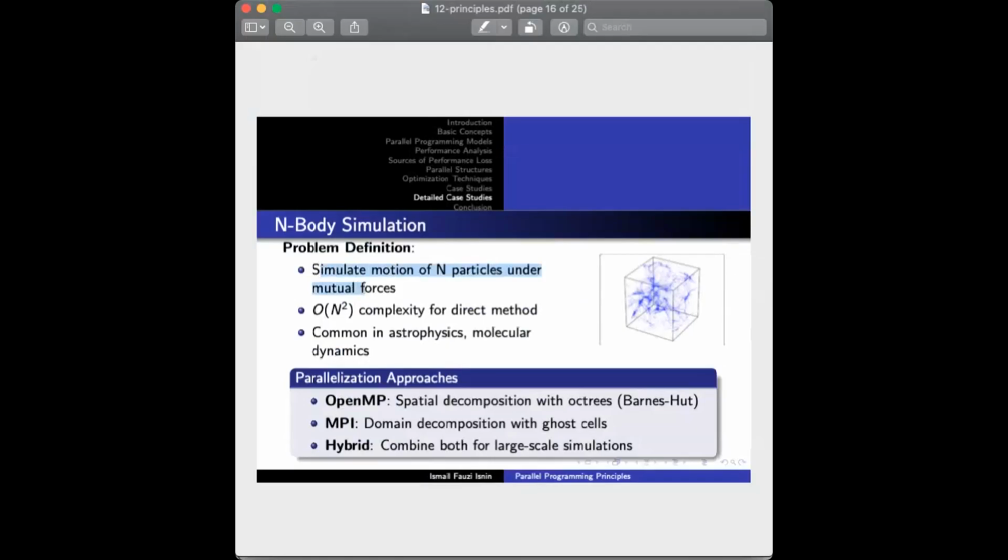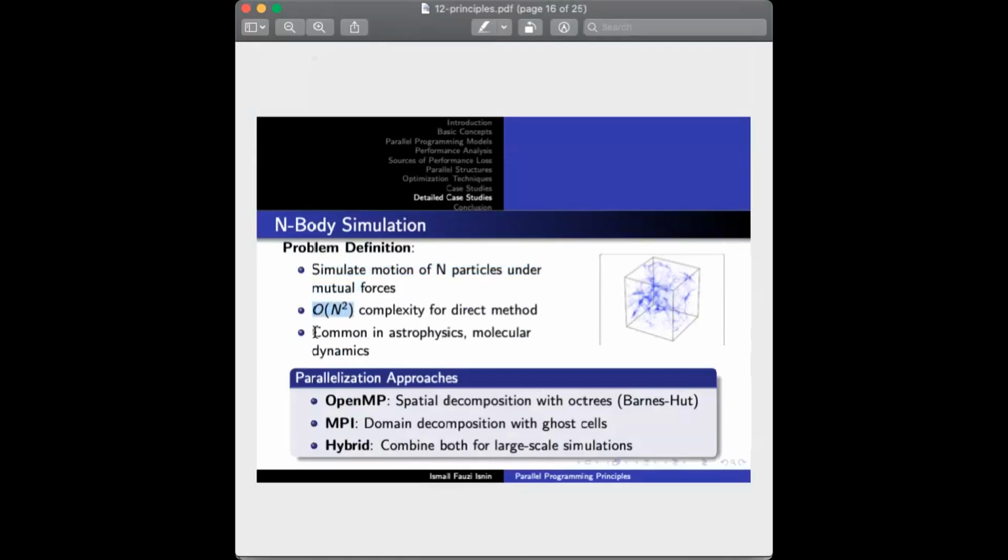If we implement this using a direct or naive method where every single particle calculates its physical force against every other particle, the algorithm hits a massive O(N^2) computational complexity. Okay, this simulation style is standard across astrophysics, cosmic structure modeling and molecular dynamics.